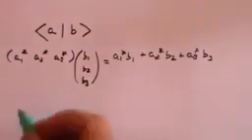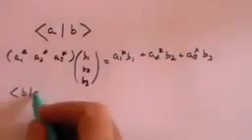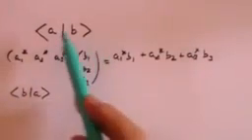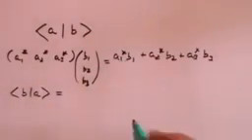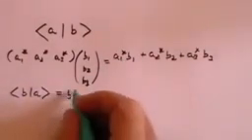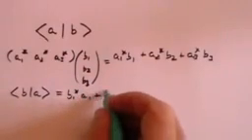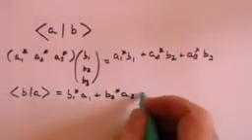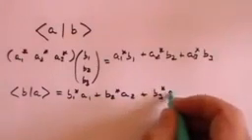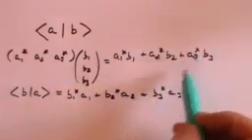Now suppose I had asked us to do BA instead of AB. I think you will see that through similarity, what you will get here is B1 star A1 plus B2 star A2 plus B3 star A3, because these will just be reversed.